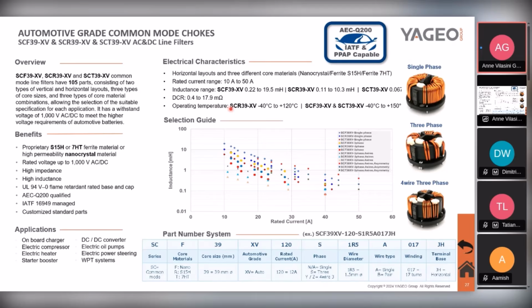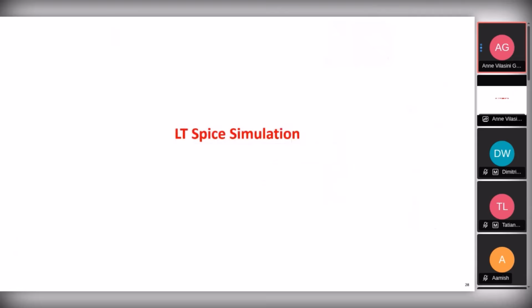This has to be as low as possible, so you are saving on losses. And then you also look at the different core materials, which have several advantages of their own, which will be explained in the upcoming slides. So I will demonstrate the LTspice simulation at the end.